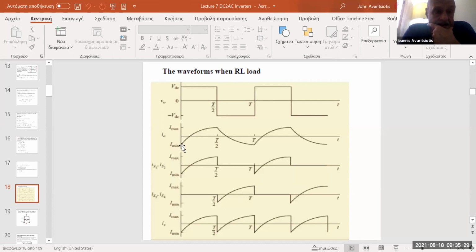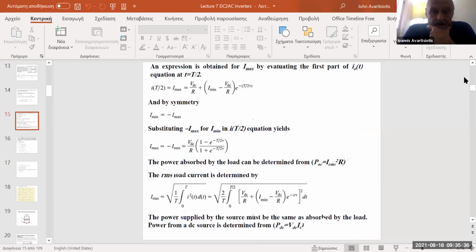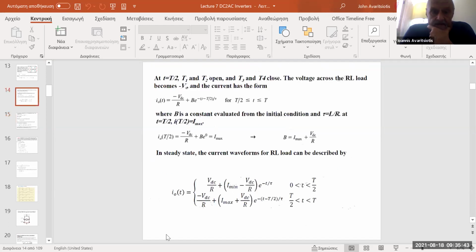And this exponential variation is, of course, described, you see, by this equation here, that shows how the load current I of t varies with time for the first half of the period and the second half of the period.